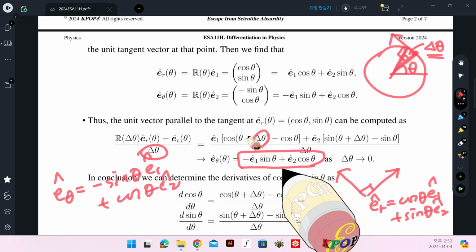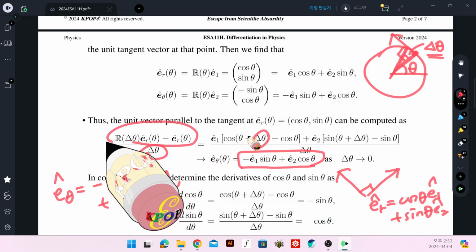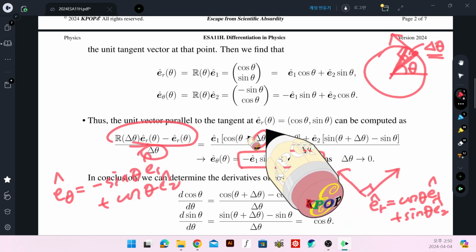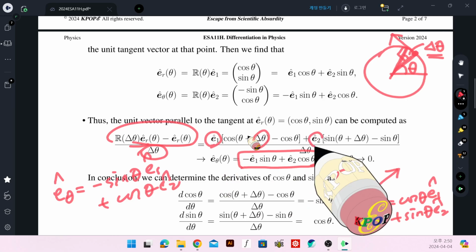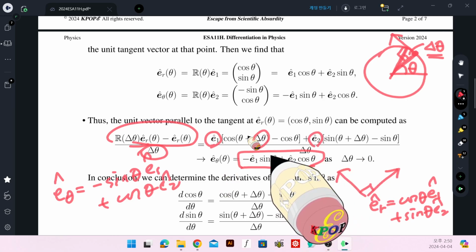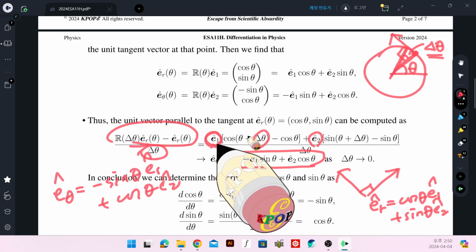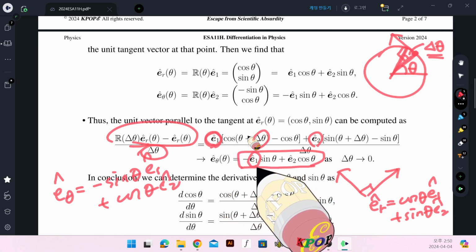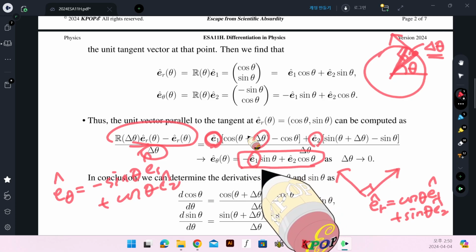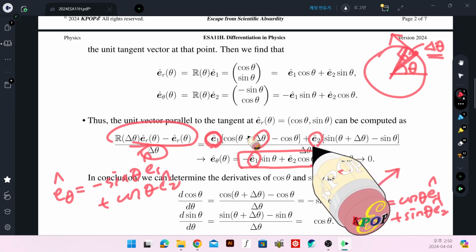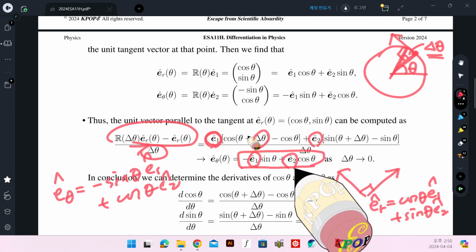As a result, the displacement can be rearranged to separate the x component and the y component. So we finally obtain the coefficient of the unit Cartesian vector along the x-axis and the unit Cartesian vector along the y-axis.